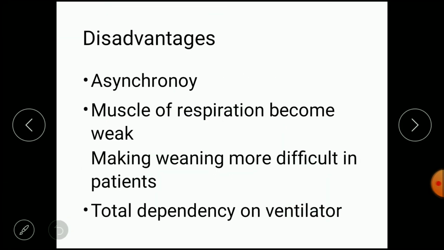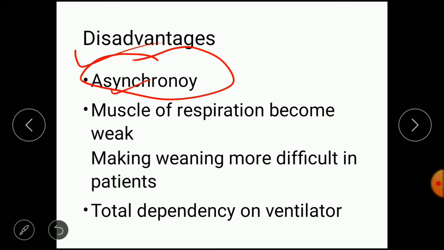Next, what are the disadvantages of this mode? The first is asynchrony. Synchrony means working together. Asynchrony means that in CMV mode the machine cannot synchronize with the patient's ventilation.